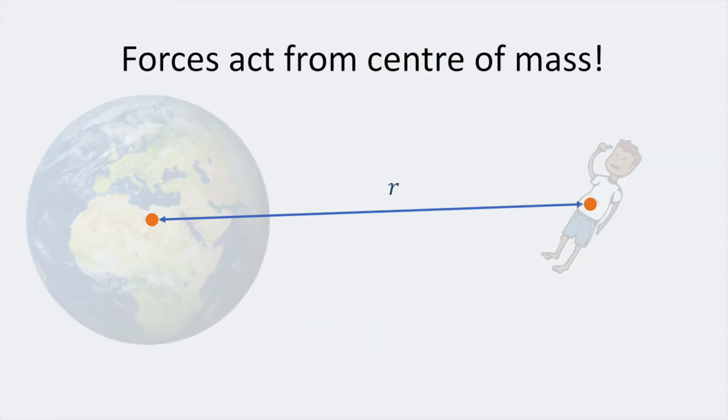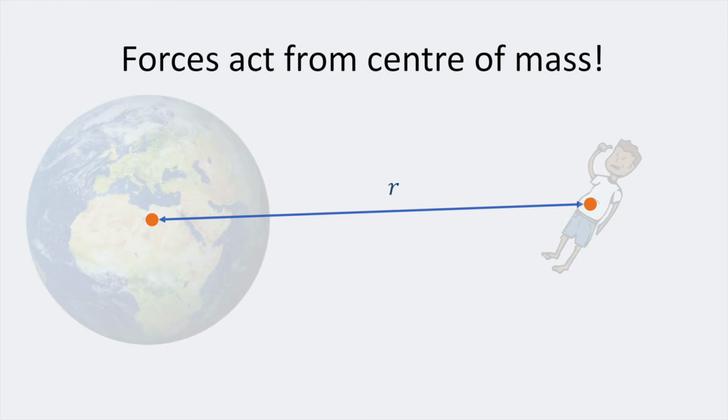Now to a small but very important detail, and that has to do with the center of mass of the objects. The shapes of the objects involved in gravitational force doesn't actually matter. As long as we know the mass of the object and where its center of mass is, we know everything that we need to know to calculate the force.